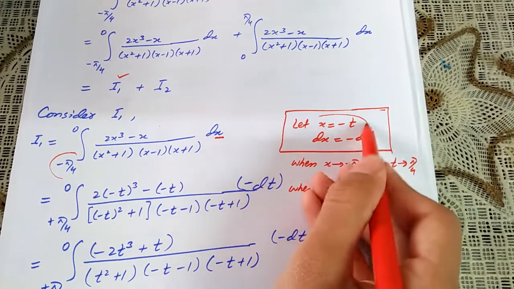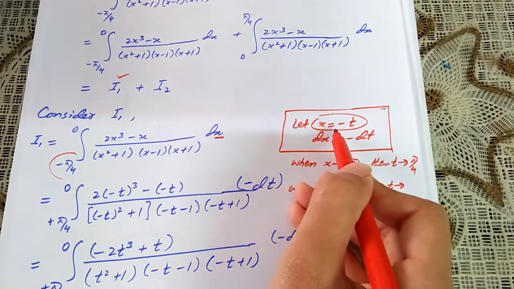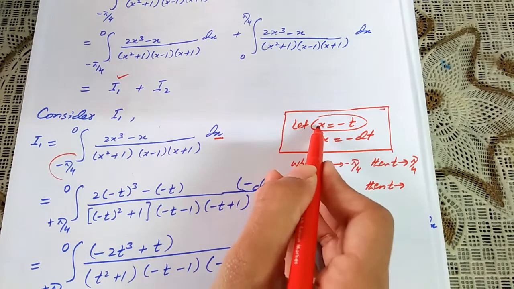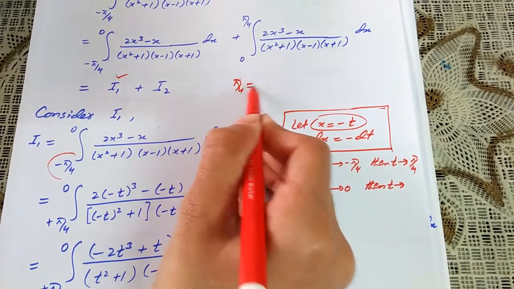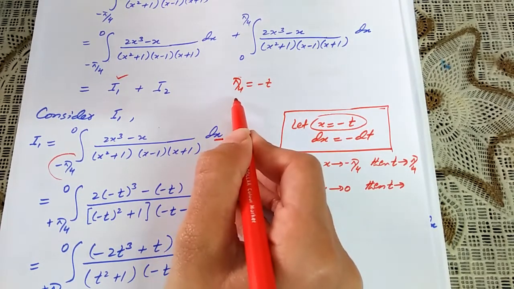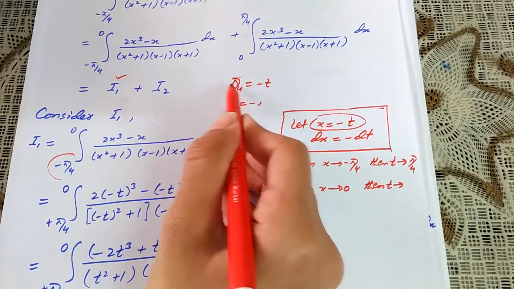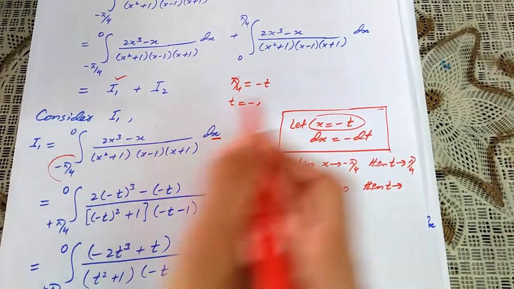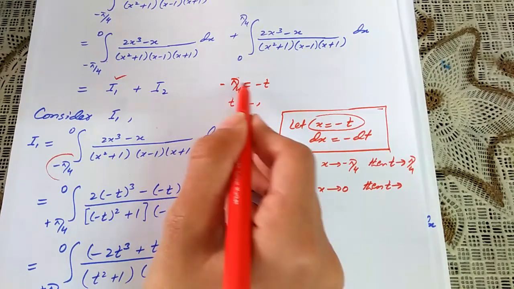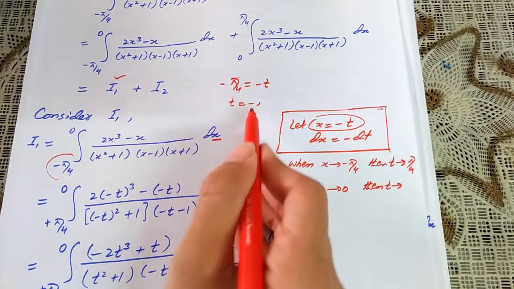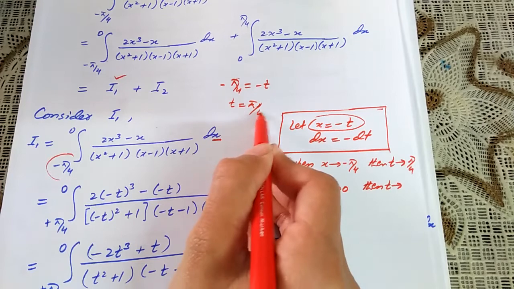I am using this equation x equals negative t for the limits of integration. So when x approaches negative pi by 4, this will be equal to negative t, so t will be equal to pi by 4 here.